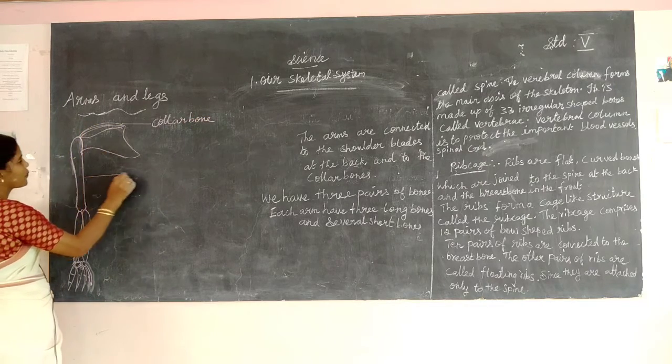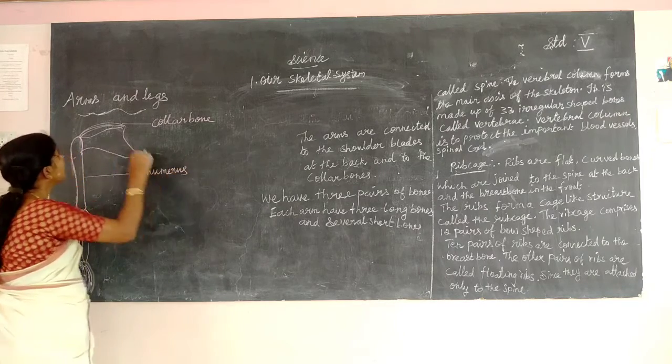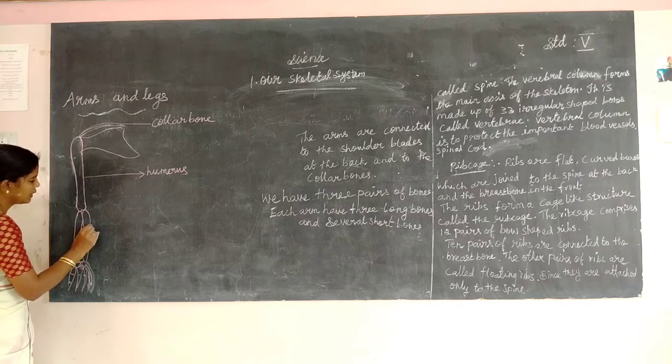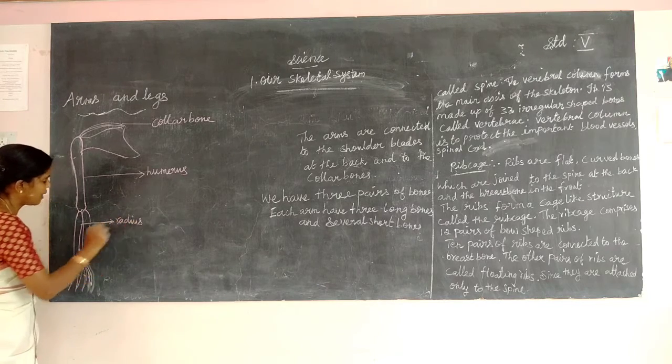This one, humerus, the longest bone in the arm. Okay, humerus, radius, ulna.